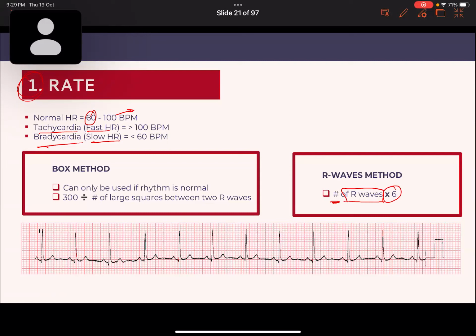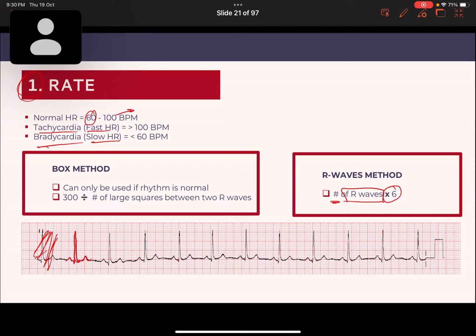So before we do that, I want to show you where the waves are exactly. We're going to ignore this. Okay, we'll start here. This is the P wave, followed by a Q wave, which is followed by an R wave, and then S, which is not very obvious here, followed by the T wave.